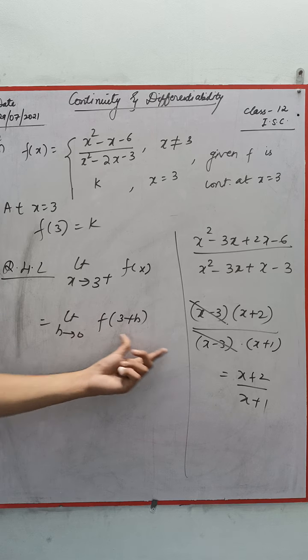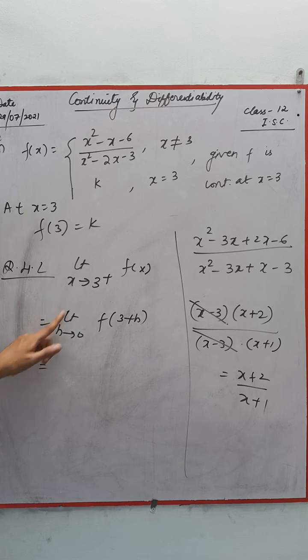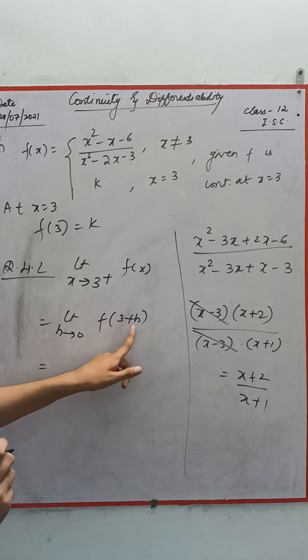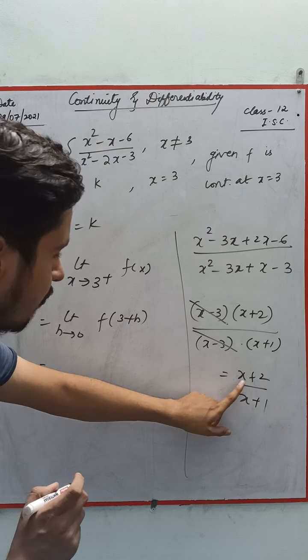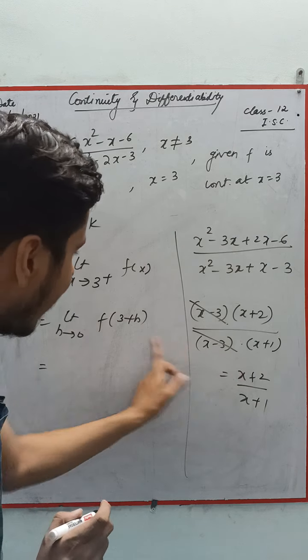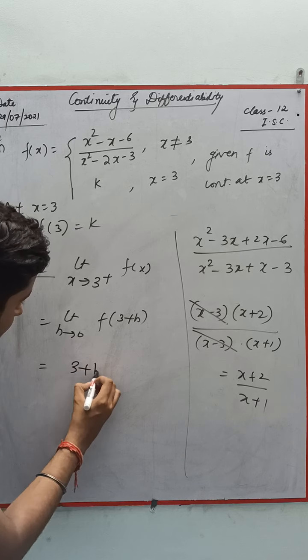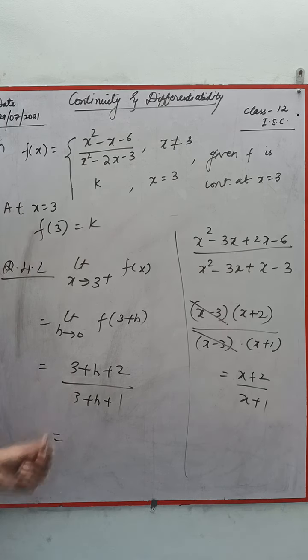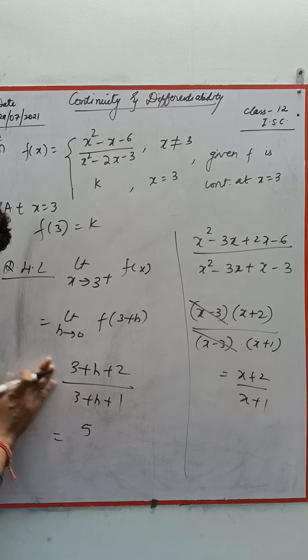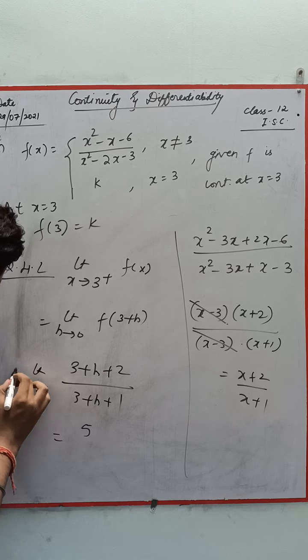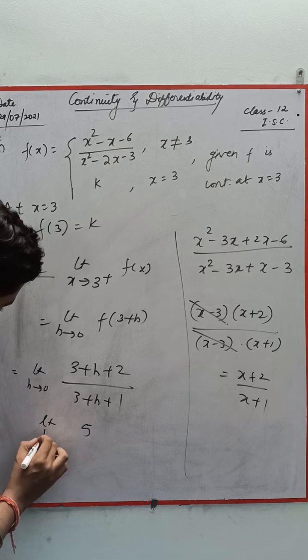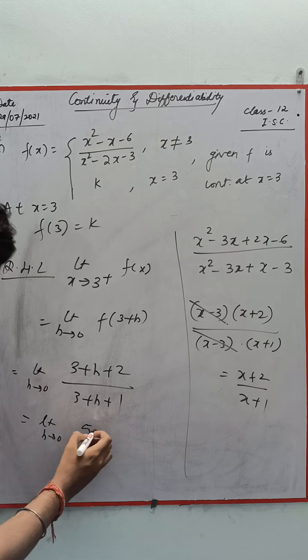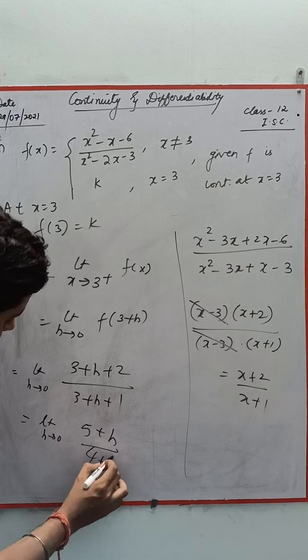Now please come here. Limit h tends to 0, f of 3 plus h. Now put the value of x as 3 plus h. So it will be 3 plus h plus 2 upon 3 plus h plus 1. 3 plus 2 is what? 5. See, limit is going on. 5 plus h upon 4 plus h.